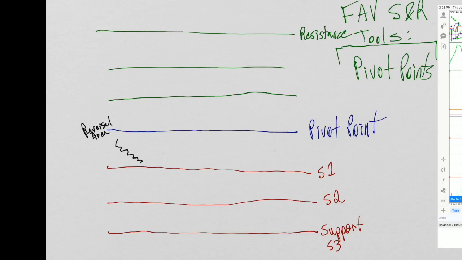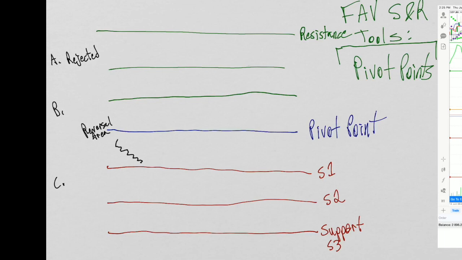So once the price approaches an area of support or resistance, and on this occasion it's going to be support, you have three things that can take place. So we're going to have option A, option B, and option C. The price is approaching the area of support and resistance. It's either going to be rejected by that area, turning around immediately.